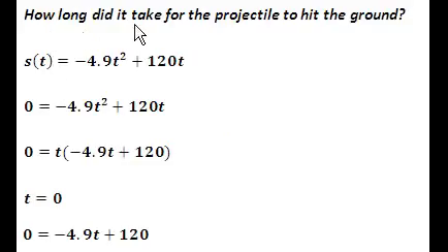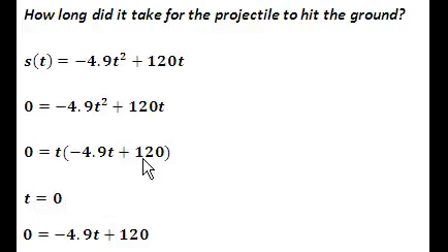The next question is, how long did it take for the projectile to hit the ground? So when it came up and then came back down again, that means when the distance was 0. So we set s of t equal to 0, and then solve for t. As you can see, when time was 0, the distance was 0.